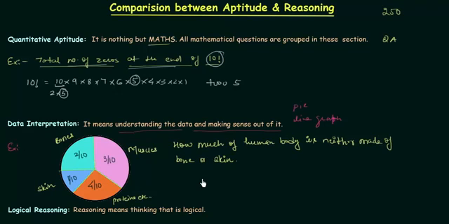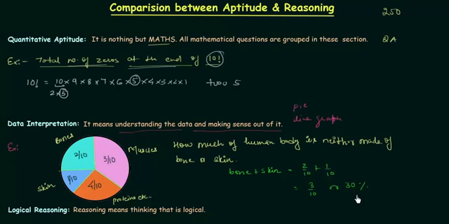This is a very simple problem. First we have to find out how much of the human body is made of skin and bone. So we are going to find bone plus skin. Bone is 2 by 10 and skin is 1 by 10. So solving this, we have 3 by 10 or 30%.